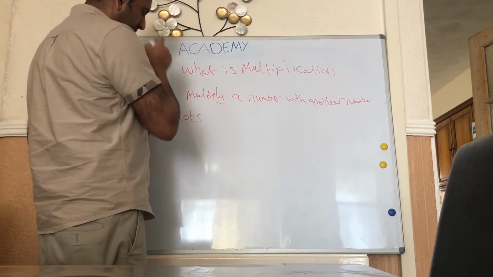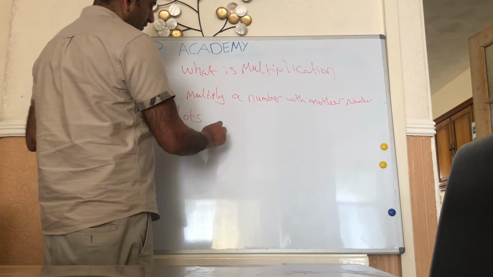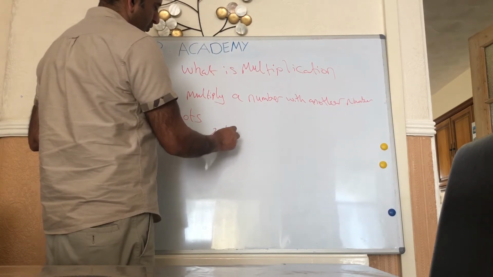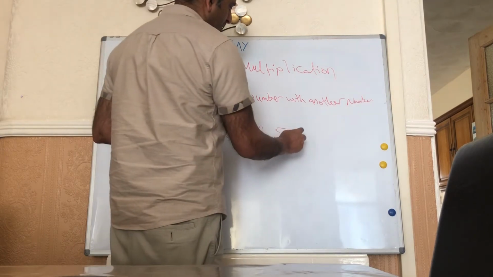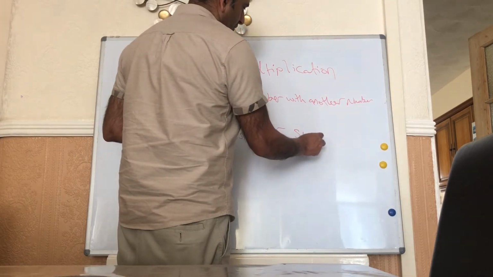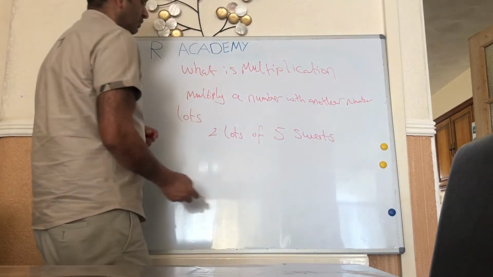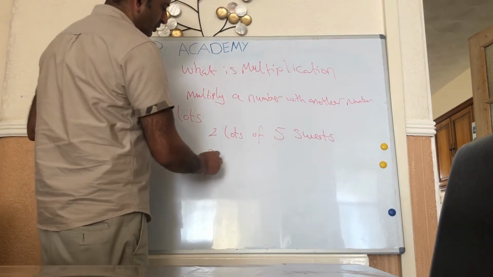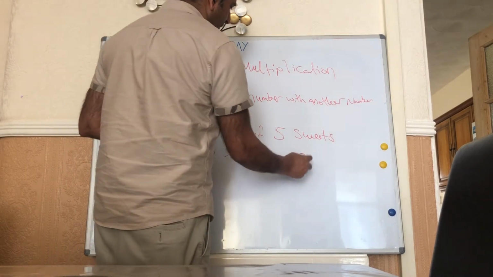So if we had, say for argument's sake, 2 lots of 5 sweets, that would be 2 times 5 equals 10.